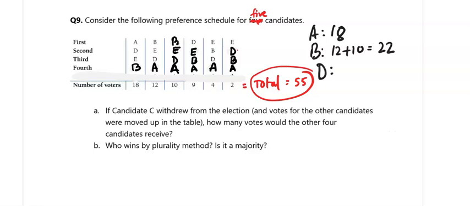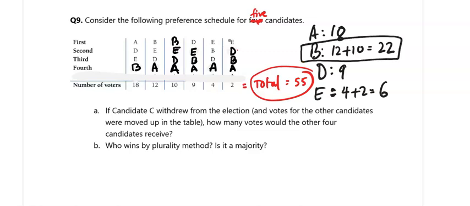D got only 9. E got 4 as first choice and 2 as first choice, which is 4 plus 2, or 6. So the one who got the most votes is B.